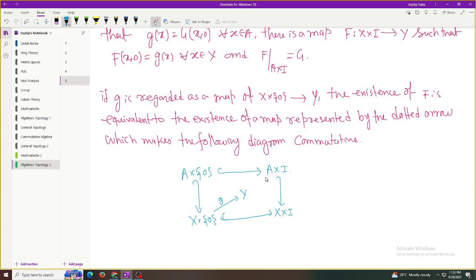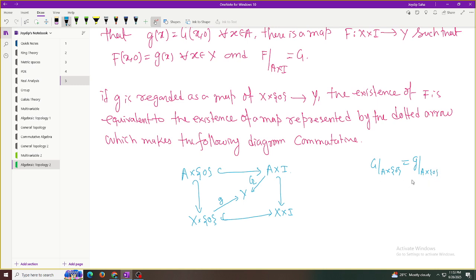And capital G is given here, such that at the 0 level it is the same: G restricted to A cross 0 is the same as g restricted to A cross 0.